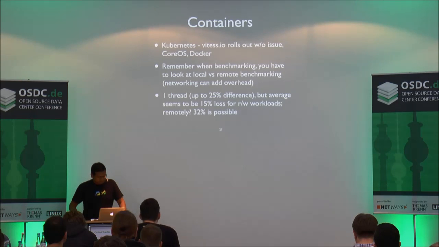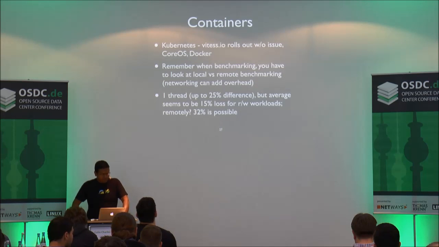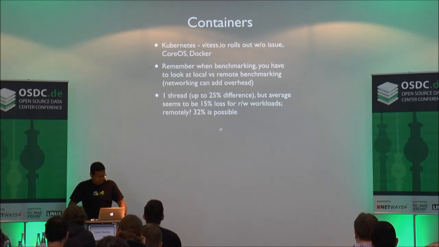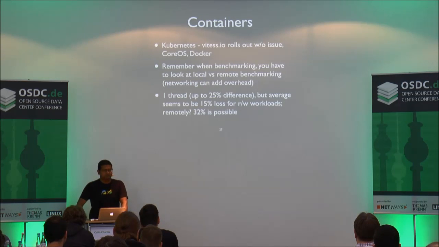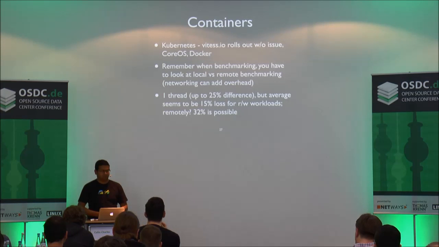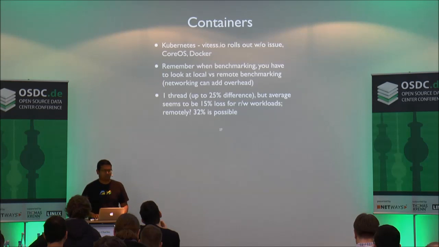Besides that, I would definitely do some benchmarking yourself to actually realize what kind of performance losses you're seeing. We've seen, obviously, some overhead and performance loss, and we see less for read-only workloads. And I guess containers like Docker are great for trying things out on your dev machine, but maybe it's not quite there yet for production.